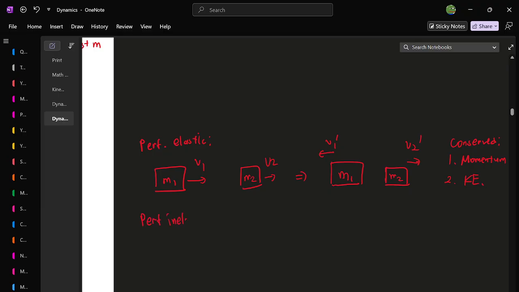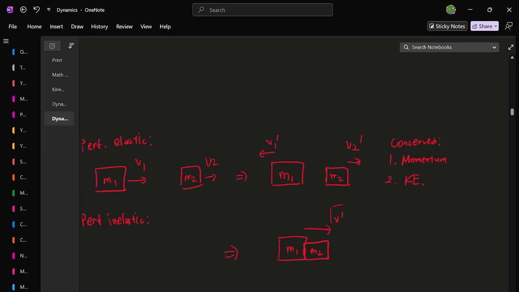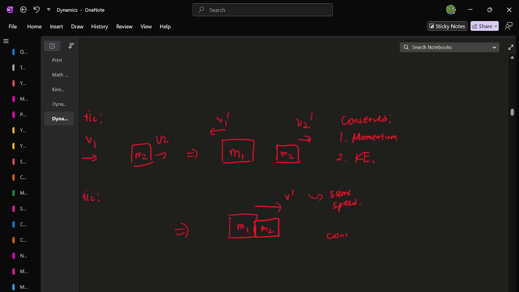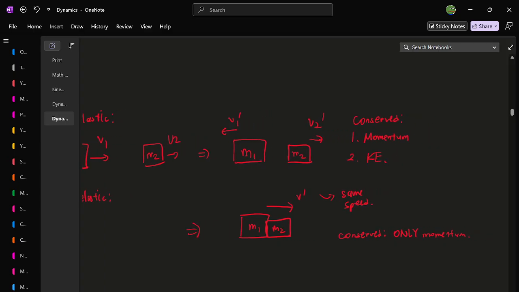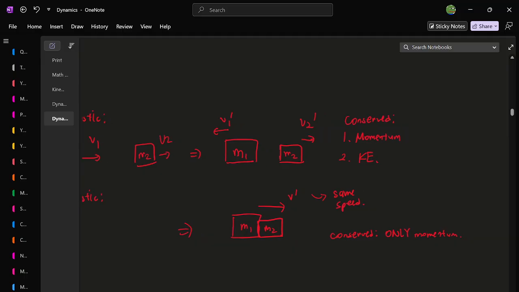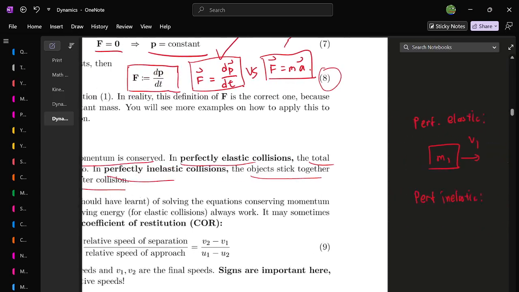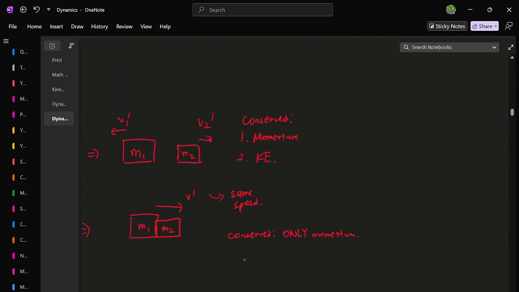Perfectly inelastic, it will instead move like this. It just moves together as one, and they move with the same speed. In this case, what is conserved? Only momentum. Clearly, some energy has been lost because you know from daily life that when two things collide and stick together, they produce sound, there's heat, etc. So energy goes somewhere. So kinetic energy is not conserved for an inelastic collision.